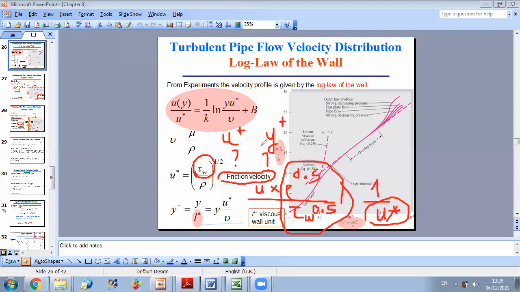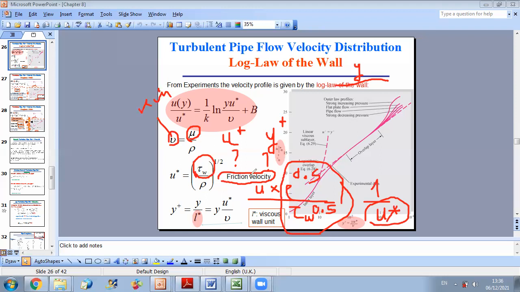Okay, and if you form the group for y, you'll find y over mu. What is mu? You have two mu here. This is the dynamic viscosity, and this is the kinematic viscosity. They are related together: the kinematic viscosity is the dynamic viscosity over rho.